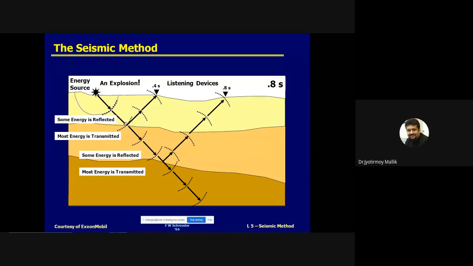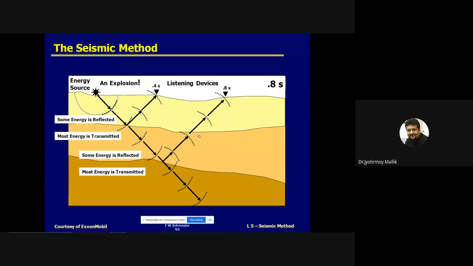But some part of the energy is penetrating inside, and then it finds again a boundary between the orange layer and I don't know what is the name of this color, greenish orange, maybe, or grayish orange. In this particular layer, when it finds that boundary, the same thing happens. Some part of the energy goes inside, and some part of the energy is reflected back, of course, right?